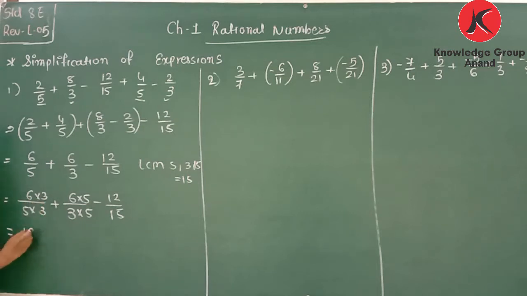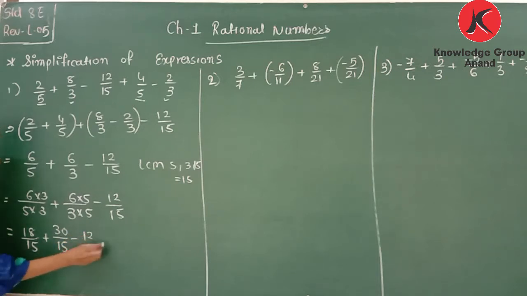Now 18 by 15 plus 30 by 15 minus 12 by 15. So 18 by 15 plus 30 by 15, it is 48 by 15 minus 12 by 15.